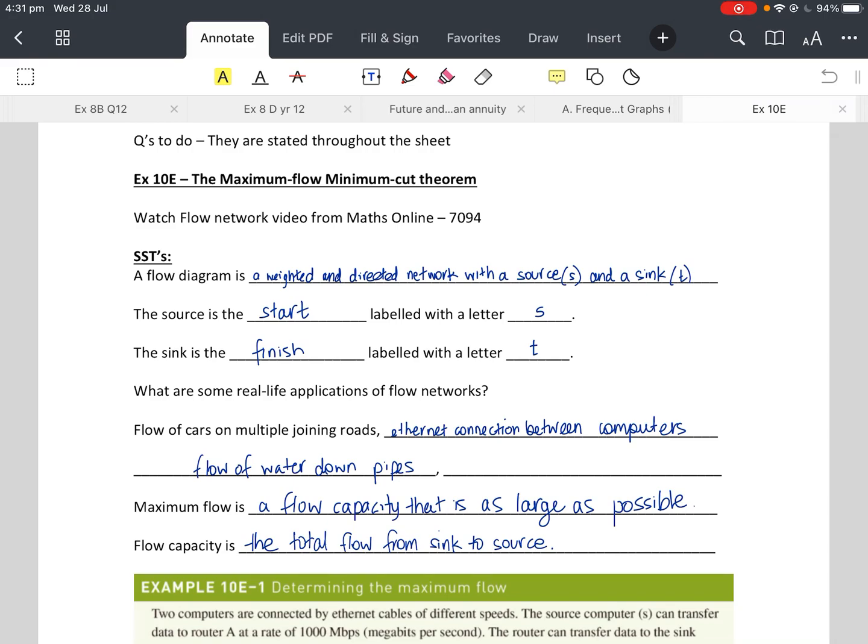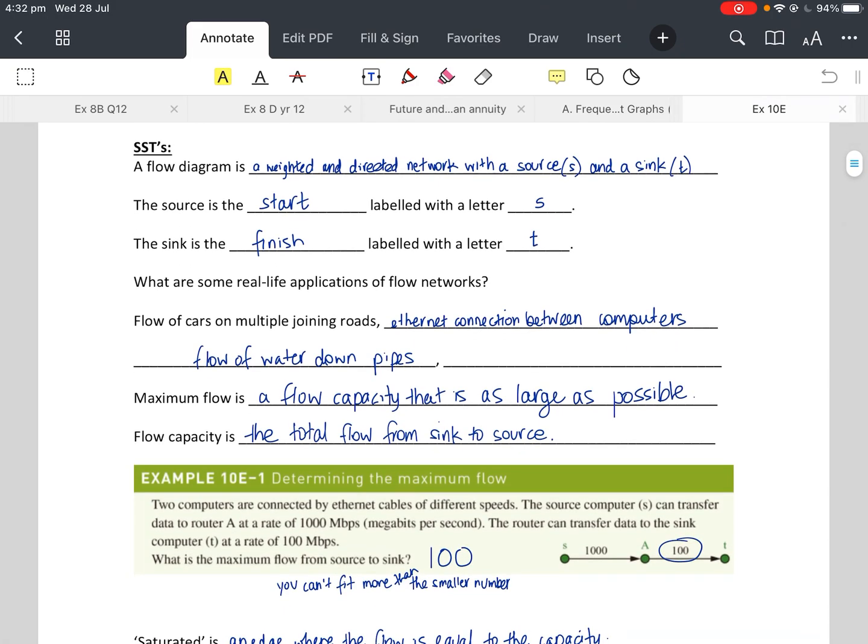The direction of the edges indicates the direction of the movement. Hopefully most of you know that already. If it's got an arrow, you know it goes in that way. And the weight of an edge represents the capacity or a maximum rate of movement along the edge. So there's a couple of your SSTs there.